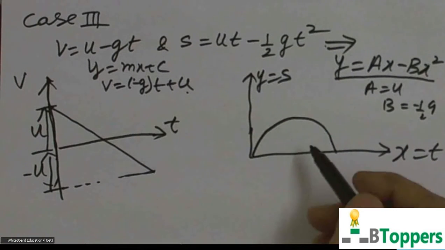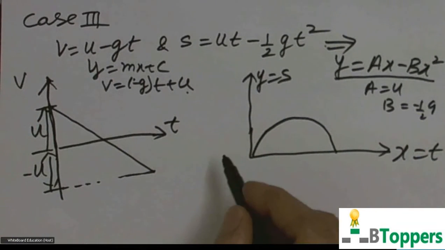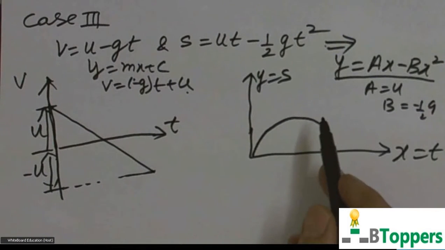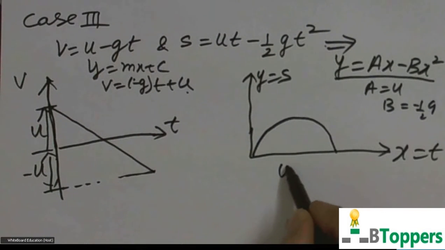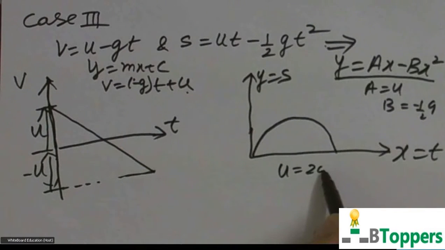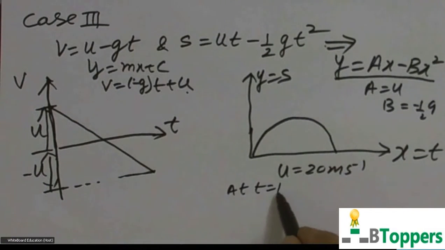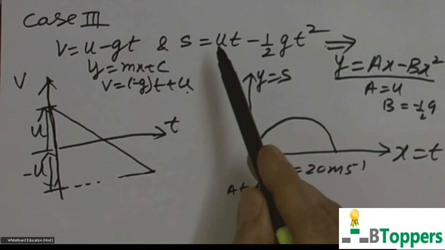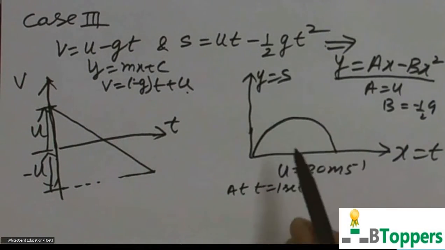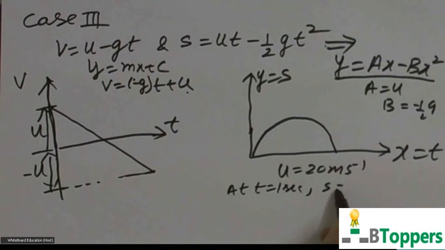If you want to check this, you can check with some numericals also. For example, if you take initial velocity u as 20 meter per second, g is 10 meter per second square, and then at t equal to 1 second, if you substitute u equal to 20 meter per second, g equal to 10 meter per second square and t equal to 1 second, you get s equal to 15 meter.